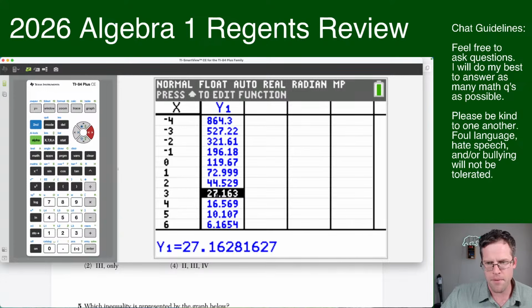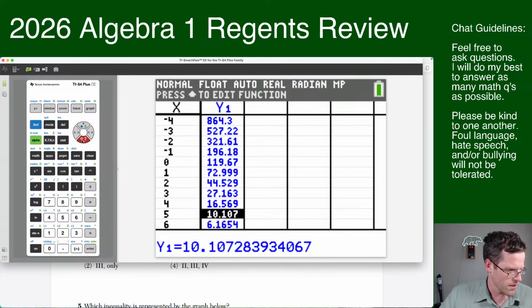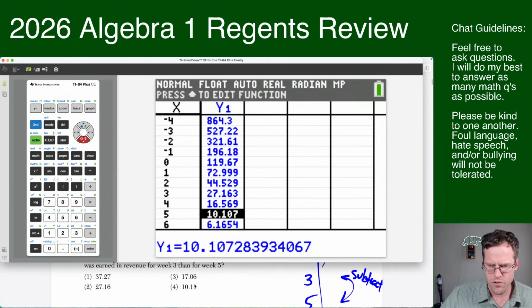So you could just copy this value down and then copy this value down. That's fine if you do that. But how about we remember these values here? And we're rounding to the nearest hundredth, it looks like. All the answer choices are in hundredths.